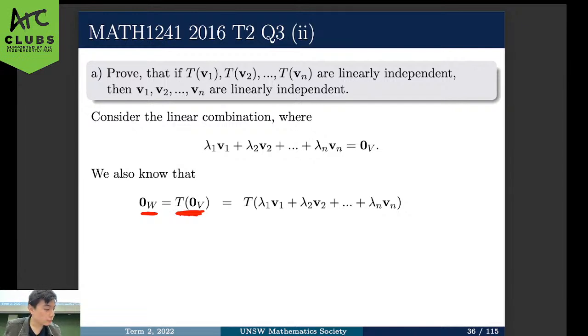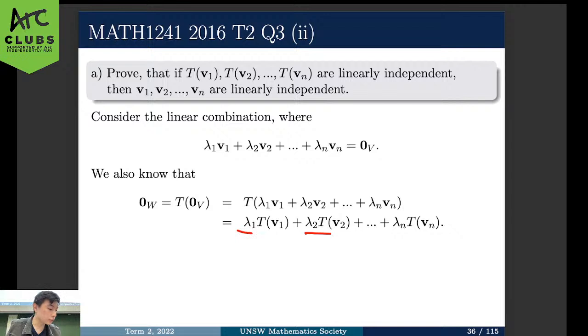We can substitute this linear combination that we've created in here, and we can essentially break it up in terms of individual lambdas and transformations of vectors, through the use of linear map laws.